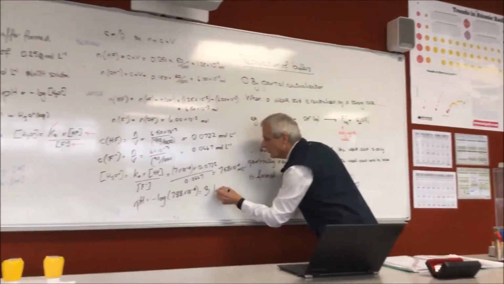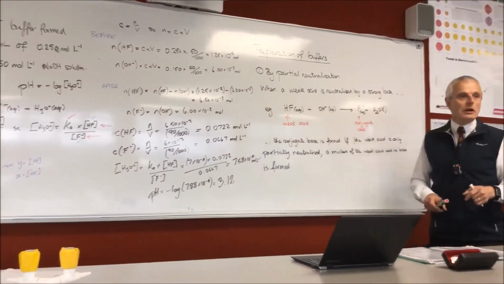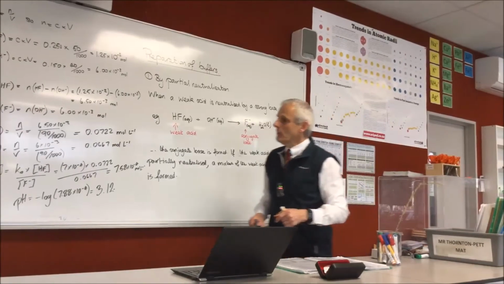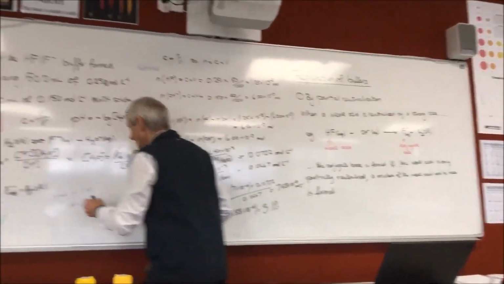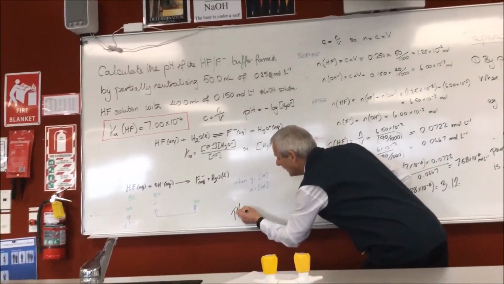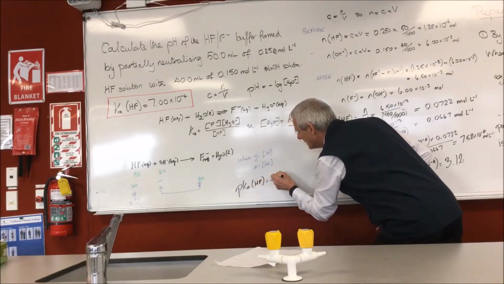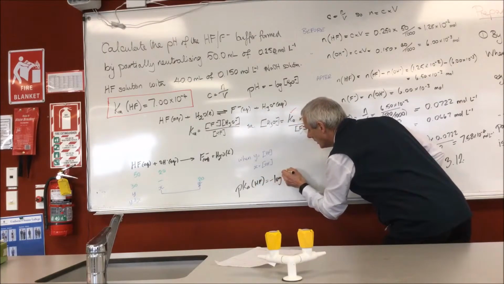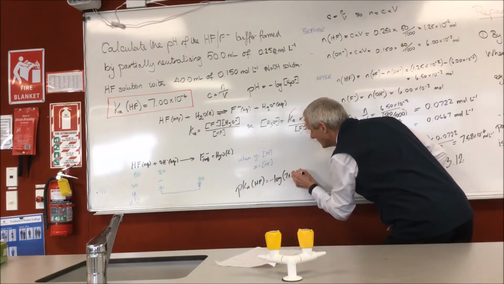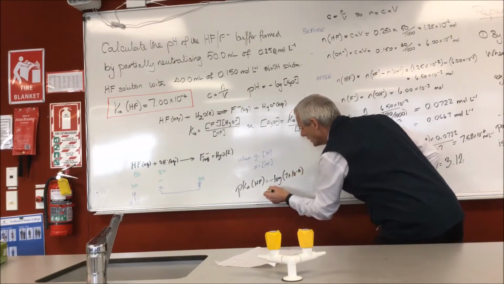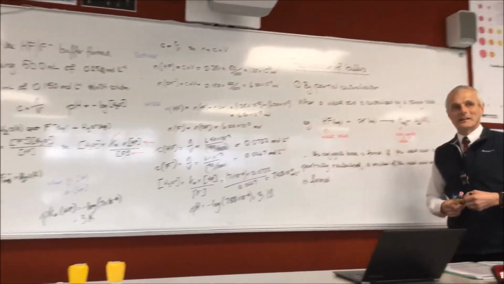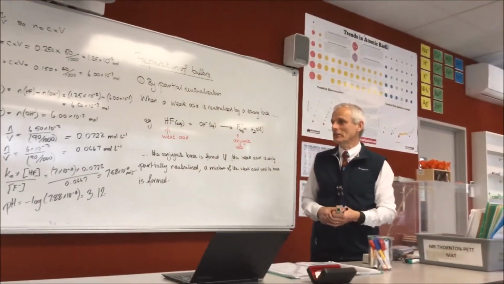3.12. Now we could do a very quick check here. Could somebody very quickly get me the pKa of HF by taking minus the log of 7 times 10 to the minus 4? Okay? Now, look how close it is.